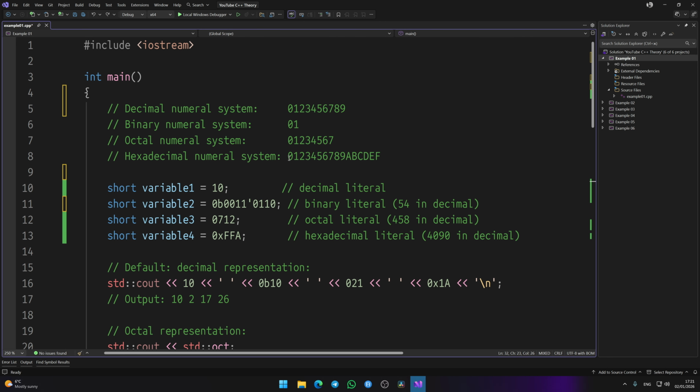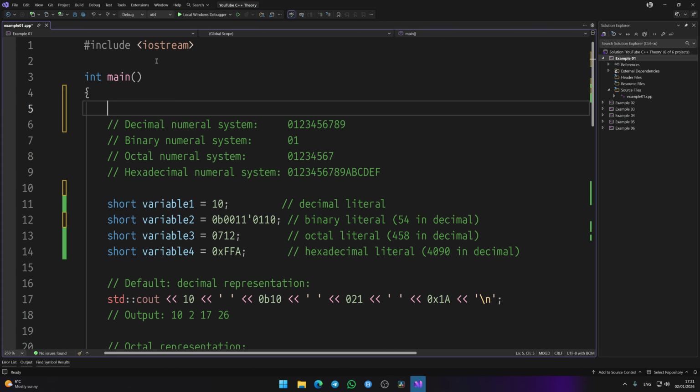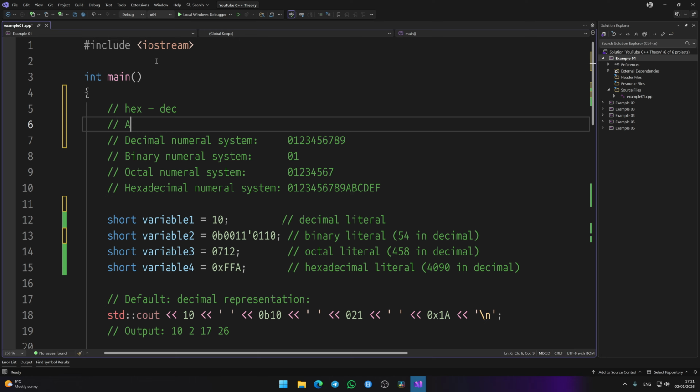Alright, so finally let's talk about the hexadecimal numeral system, or base 16. This one uses 16 symbols to represent numbers: 0, 1, 2, 3, 4, 5, 6, 7, 8, 9, and then the letters A, B, C, D, E, F. That's 16 in total. It was created to make working with bits easier in modern computer systems.